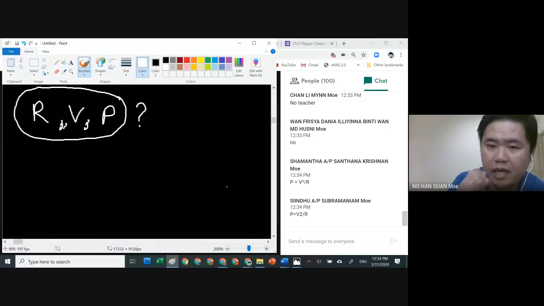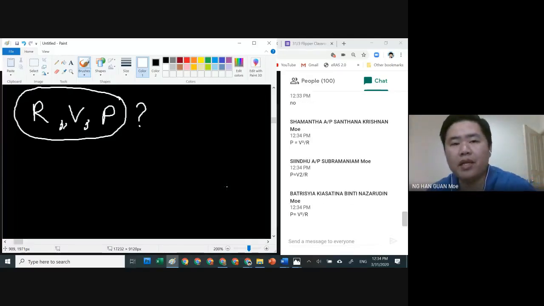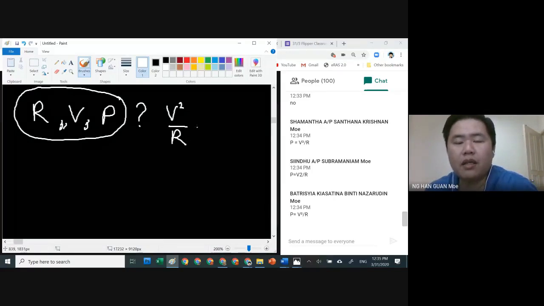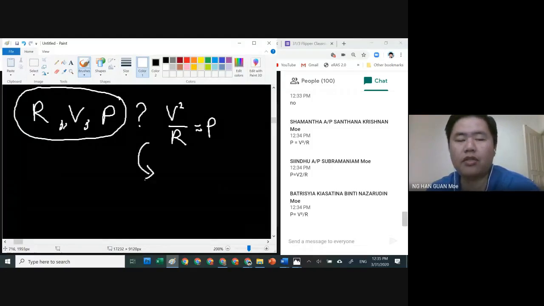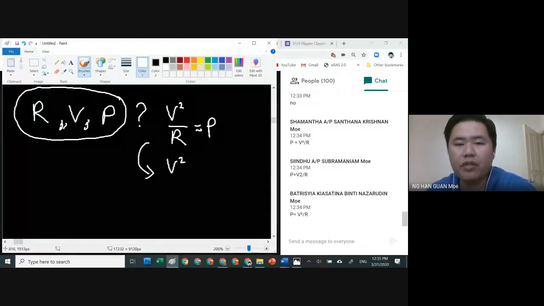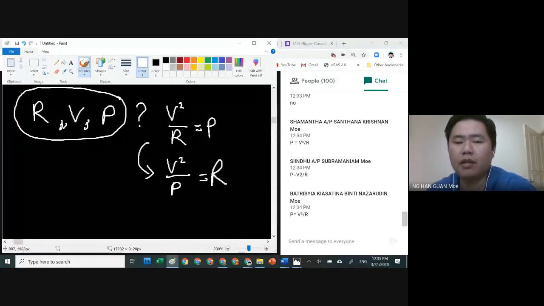Yes, P equals V squared over R. You are right, very fast. P equals V squared over R. So it means V squared over R is equal to P. Rearranging a bit, we have V squared over P equal to R, and this R is a constant.